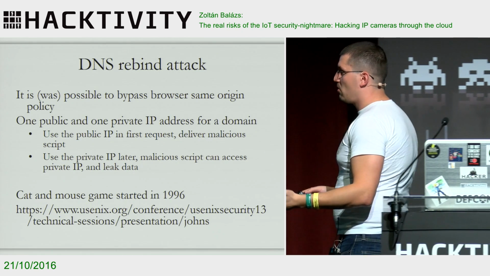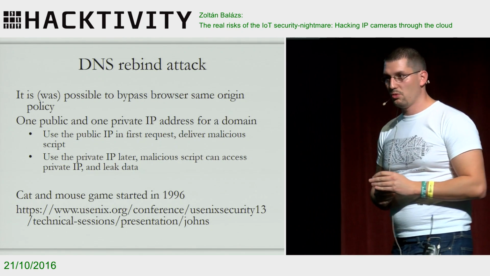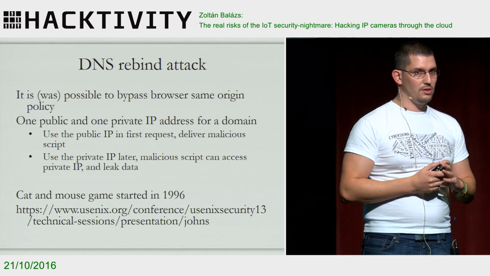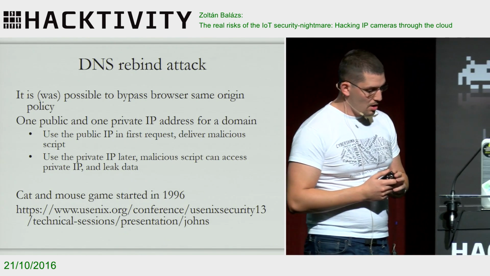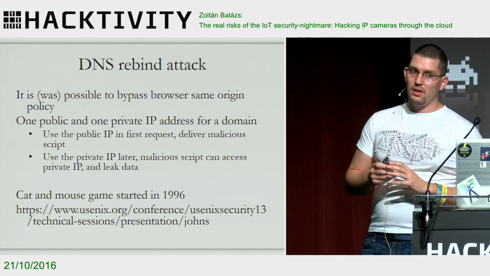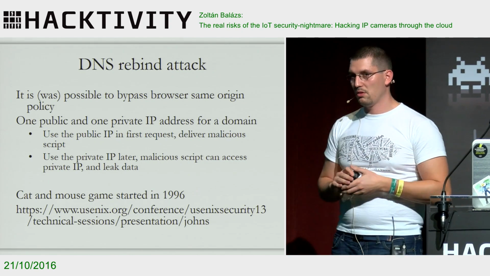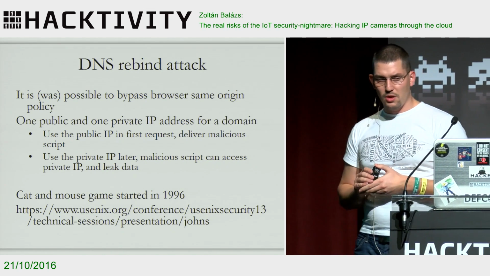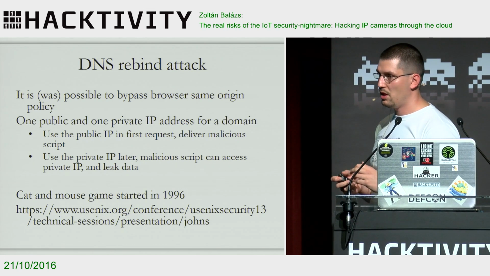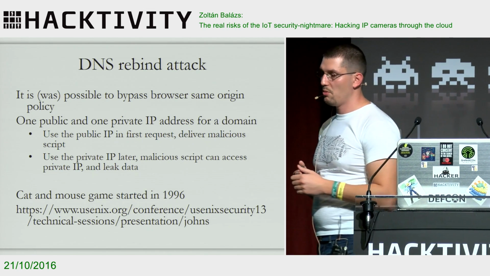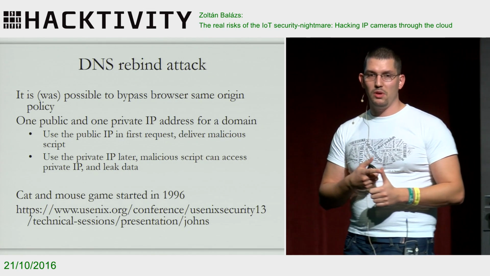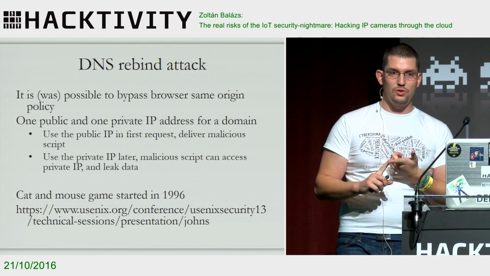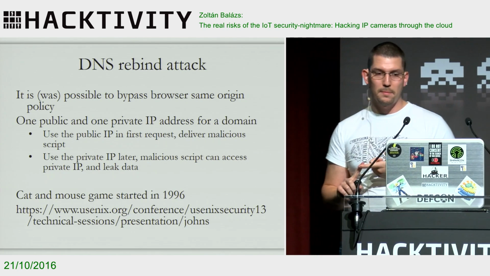If there is a security boundary, then hackers will try to bypass this security boundary. And one of the ways to do this is the DNS Rebinding Attack. Again, this DNS Rebinding Attack is a very huge topic, so I don't really want to go into the details. But what really happens here is that the attacker is registering a domain name with a private IP address, which will be attacked, and with a public IP address, which will serve the malicious scripts.